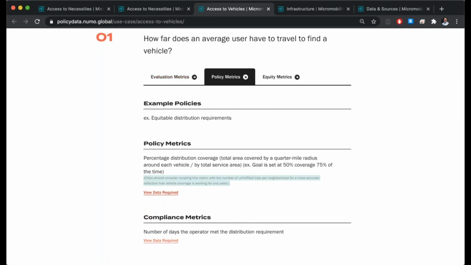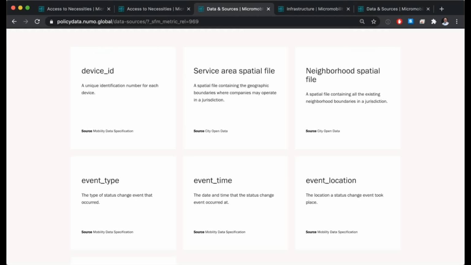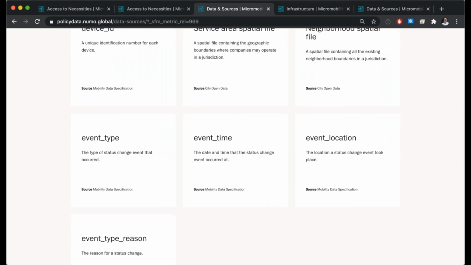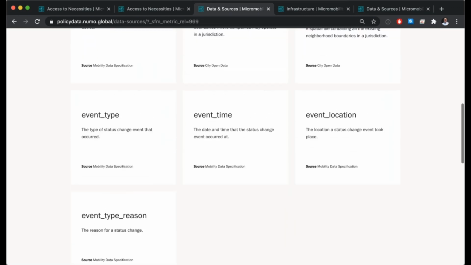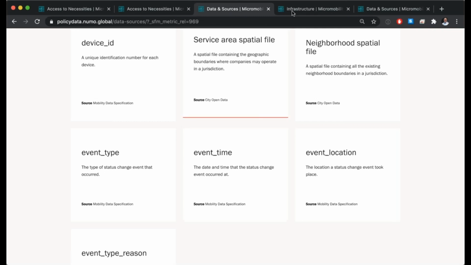So for example, again, you can click on the view data required. It will take you back here. It will tell you very specifically what you need for each piece of data to calculate this and what the source is for that data. As you can see, the majority of this can be calculated with MDS data if you can add in both a service area spatial file and a neighborhood spatial file.